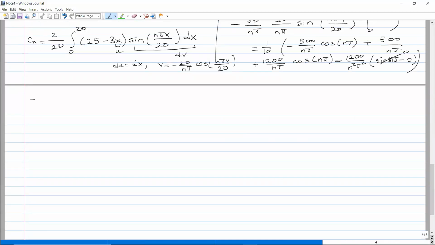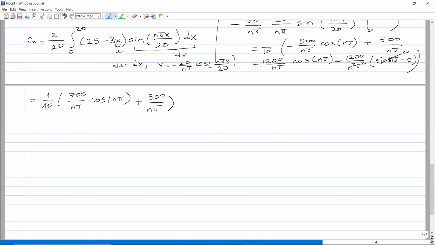So it is equal to 1 over 10, 1200 minus 500, 700 over n pi cosine of n pi plus 500 over n pi, right?